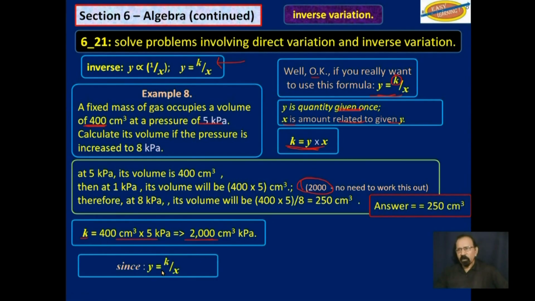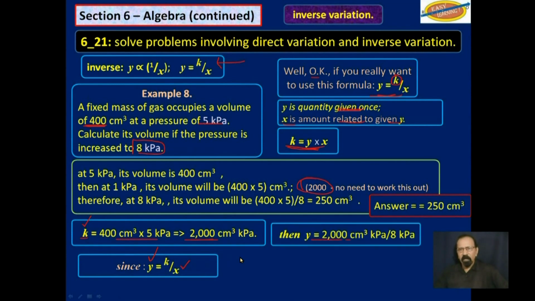Now, since we know K and we know X, which is this, we want to find Y. So Y is equal to 2,000, that is K, divided by X. And so we get Y is equal to 250 cubic centimeters, which is what we got here using the primary school grade 3 method.